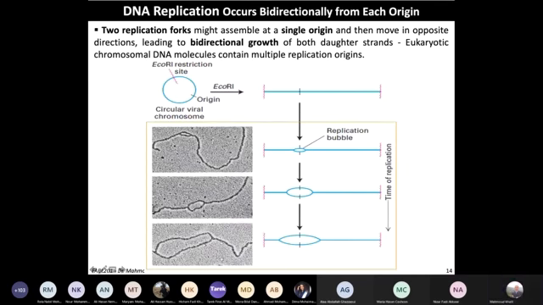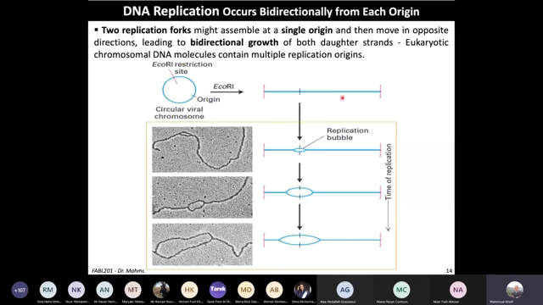So you can see here, for example, this is a circular DNA. When it's cut with a restriction enzyme called EcoR1, this enzyme converts the circular DNA into linear DNA, as you can see.